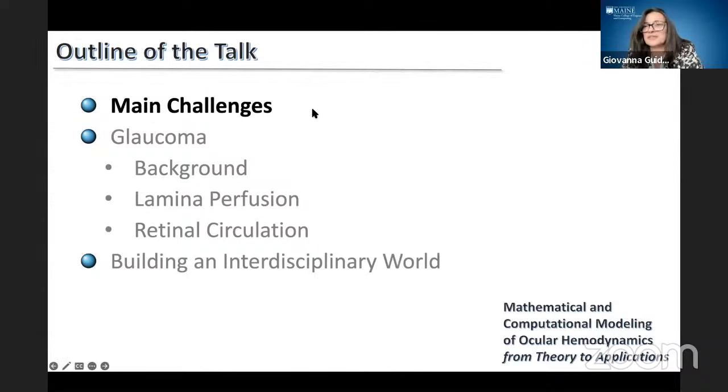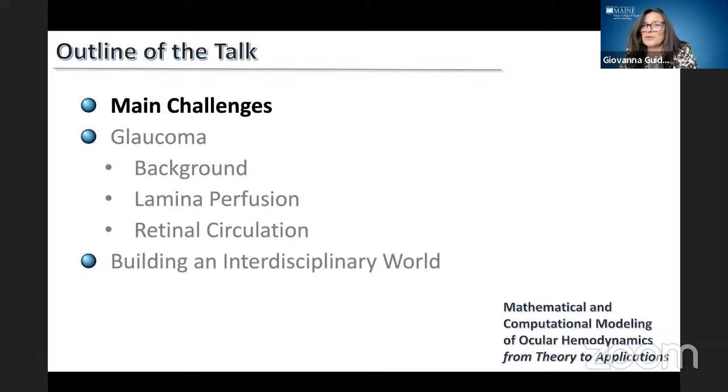So I will first summarize some of the main challenges that we have been addressing, and then I will focus on glaucoma as a specific disease where I can give you a little bit of background. And I would like to show two particular examples in which our work in mathematical and computational ophthalmology has been helping in pushing the envelope of the clinical relevance of understanding the role of various risk factors.